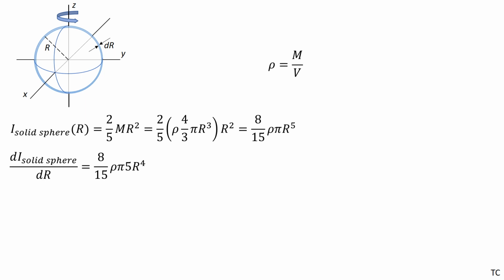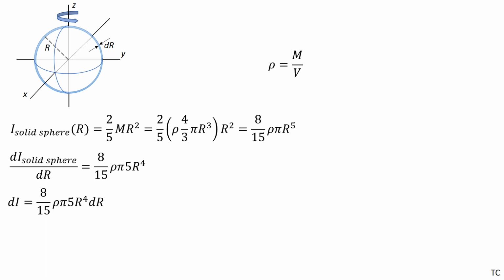So if you add a little radius, this is how much the moment of inertia is going to change. And I've never been too sure how mathematically correct this is, but I've seen it a lot in physics courses, so I will also be doing it. And conceptually it makes sense.